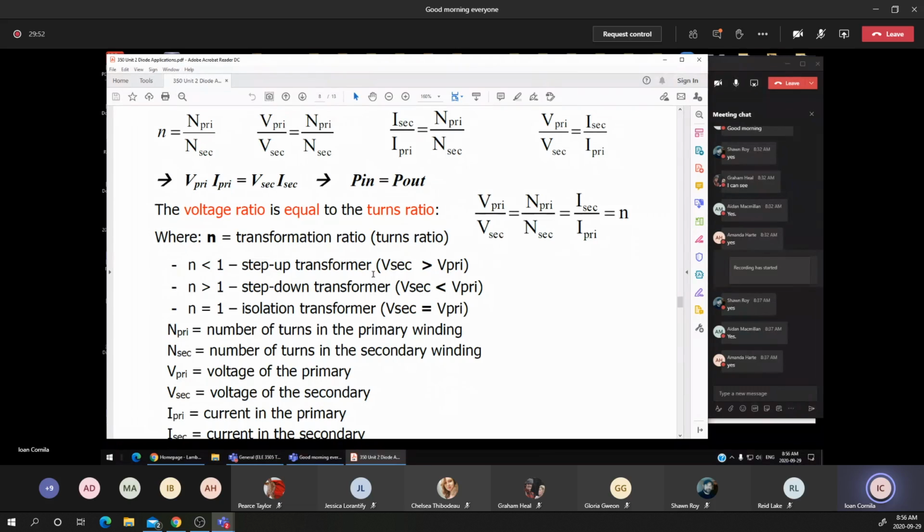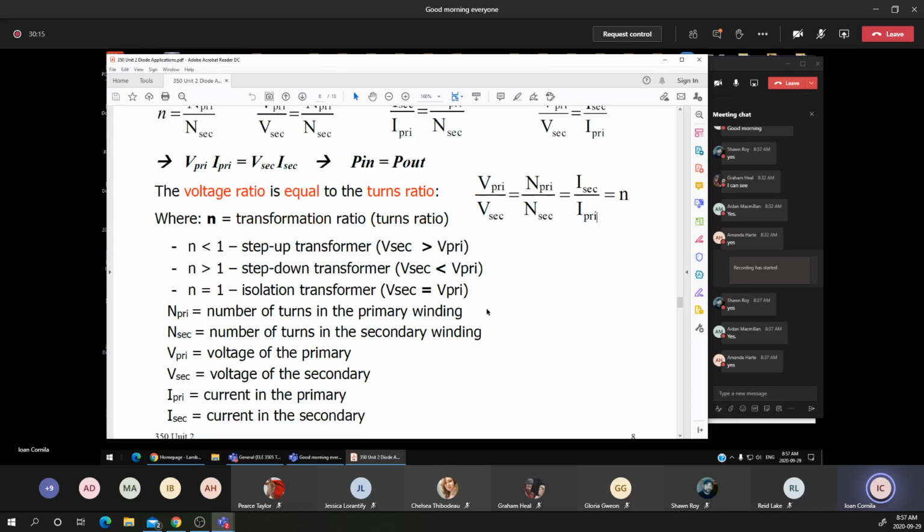What can we use? We can use a step-up transformer, which will increase the secondary voltage supplied by a low voltage. That means the secondary voltage will always be greater than the primary voltage. That's a step-up transformer.